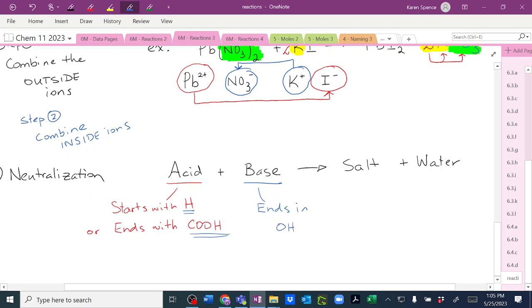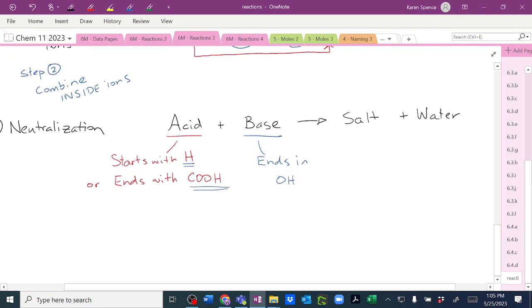It contains the hydroxide ion. It's different than COOH. We'll talk more about that distinction later. There are OHs that are in alcohols that are not hydroxide. It contains hydroxide, which is OH minus.